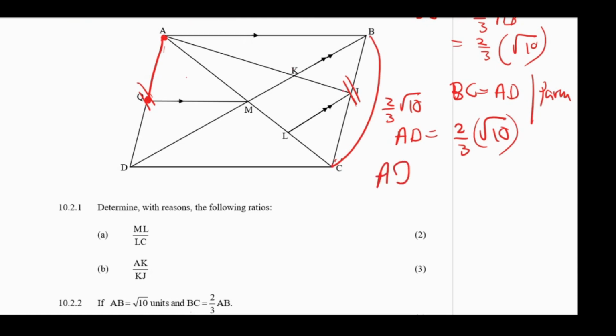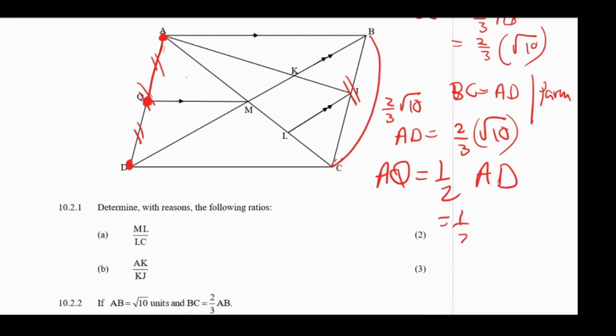So AQ is half of AD, as you can see. Why am I saying that? Remember that this is a parallelogram, and from here to here it's equal to from here to there, right? So these are equal, so half of AD.